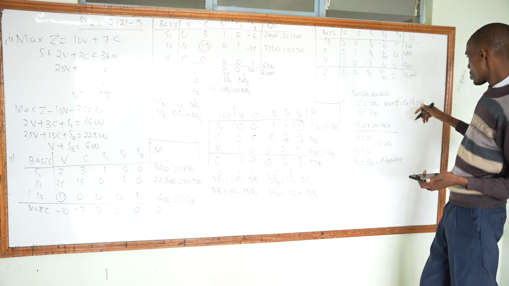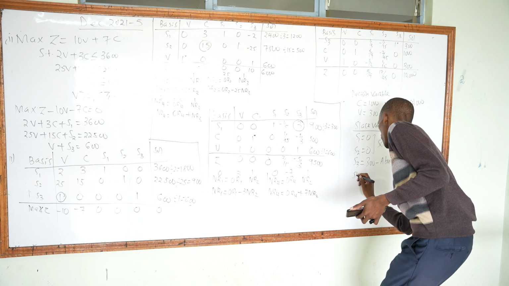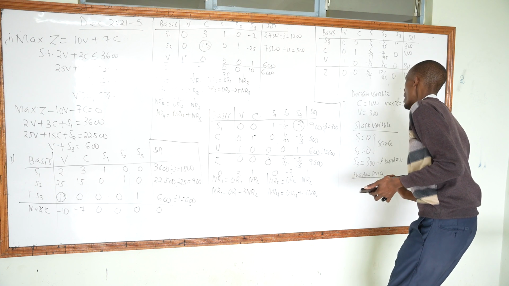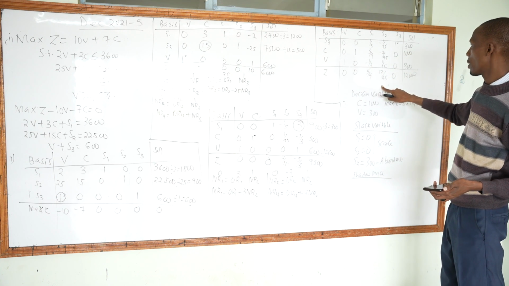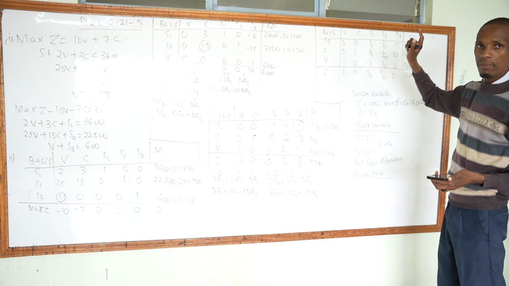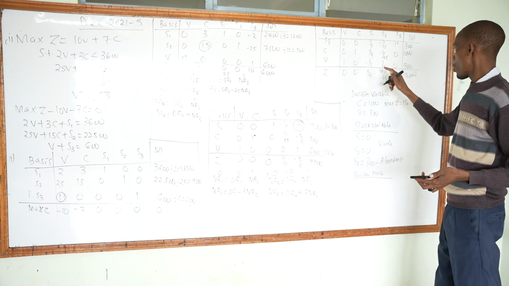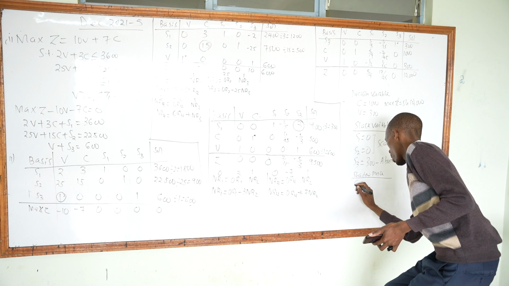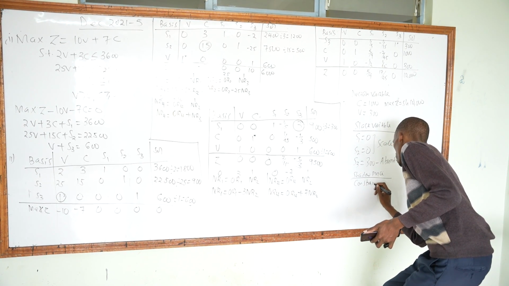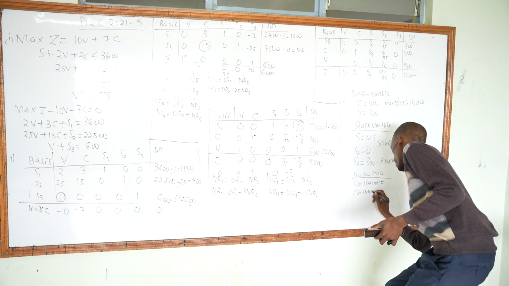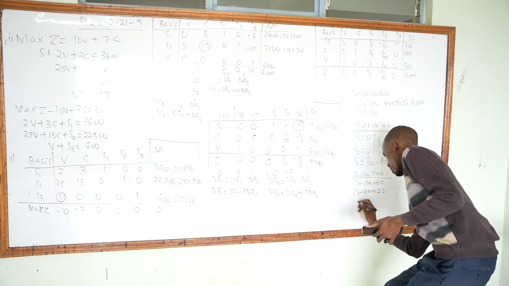There is what we call shadow price. We are writing constraint 2 and constraint 3.